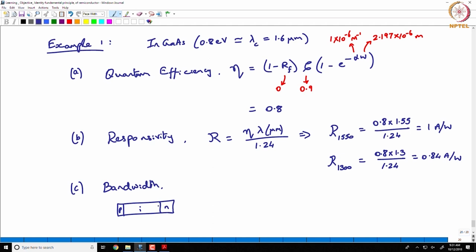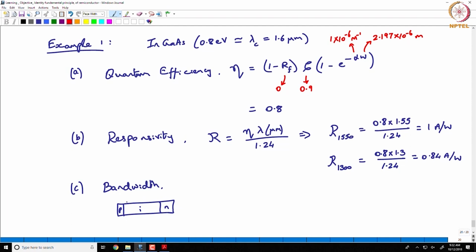One is that you may actually generate some carriers in the P region itself or in the initial part of the I region, and as far as the electrons are concerned, in that case the electrons have to traverse across this entire structure.